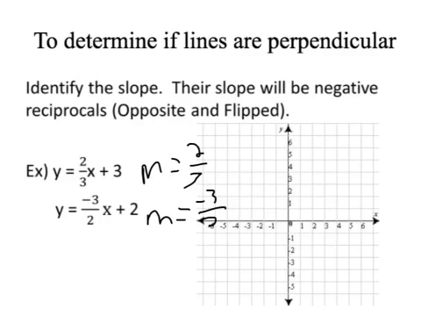So to go ahead and graph this, I'm going to graph my y-intercept first on the first equation. 2 over 3x plus 3, so that means I want to put a point on my y-intercept, which is 3. Then my slope tells me to go up 2, right 3, put a point, and I can draw a line through those 2 points.